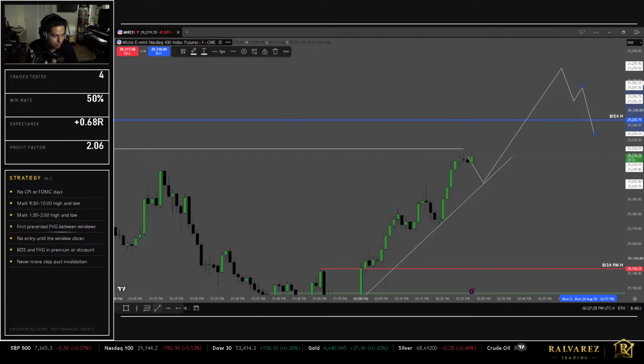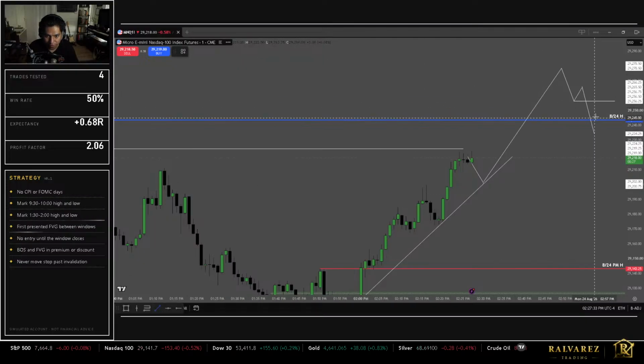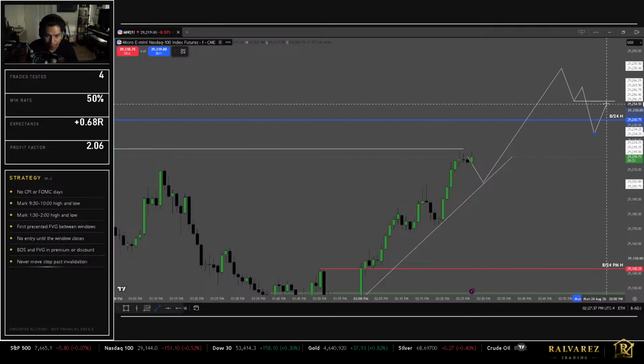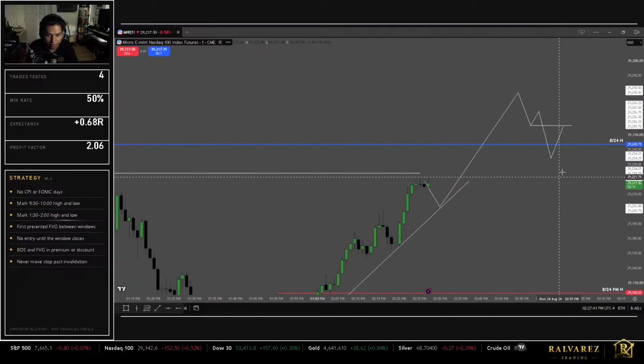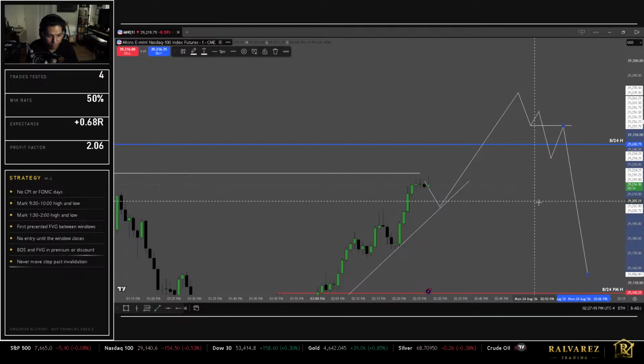Breaking this lower high. This will make sense for me, to be honest. And then what I'm looking for in here is a fair value gap, like a sell side imbalance, pretty much like what I was doing over here. And then, you know, target something lower.